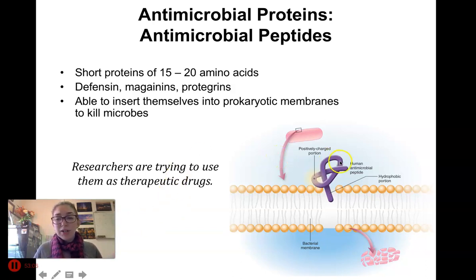A lot of these antimicrobial proteins are not even proteins, they're really short peptides, meaning they're made of only 15 or 20 amino acids, and they can disrupt bacterial membranes. They have a lot of different names: defensins, protegrins. You don't need to know all of those, but I'm mentioning it because they do exist and they are an area of research. But complement is definitely the main family of antimicrobial proteins.